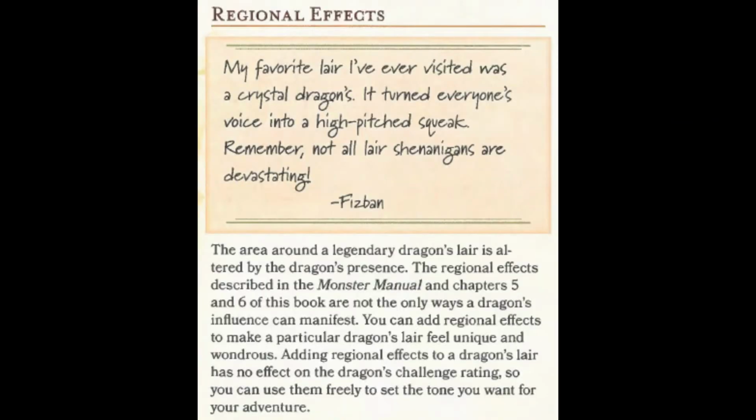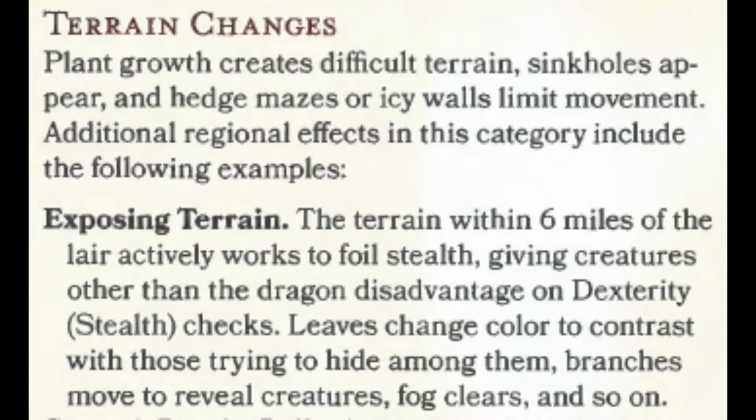Now, move on to regional effects, which makes sense to have in a Domain of Delight. In the book, it's basically the area around the dragon's lair being altered by the dragon's presence, but just think Domain of Delight, and this is going to apply to that. So terrain changes, I went with exposing terrain.